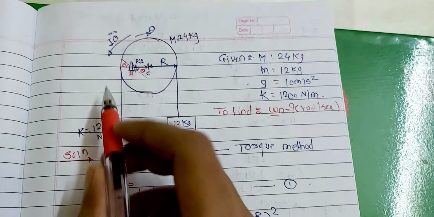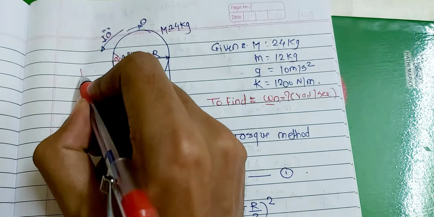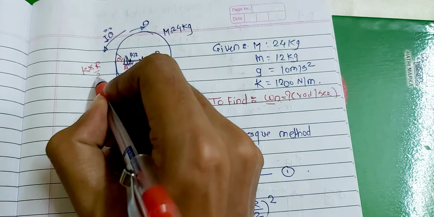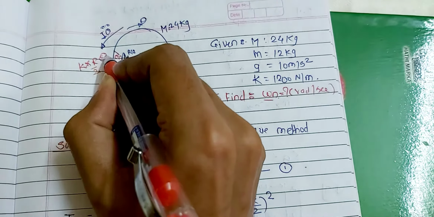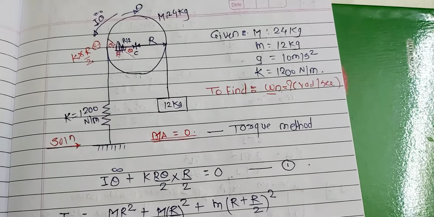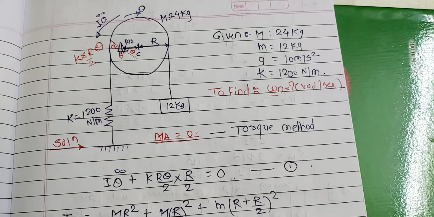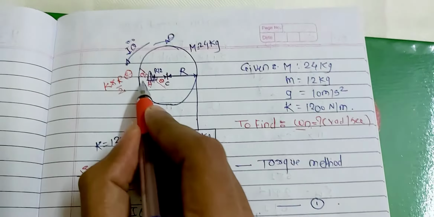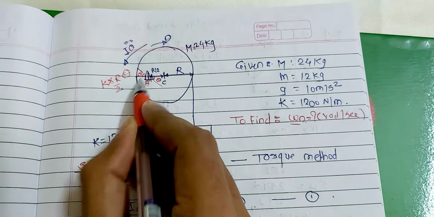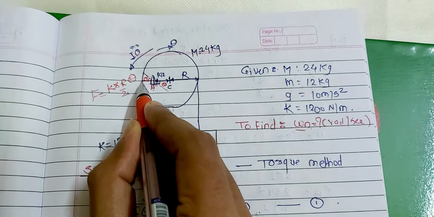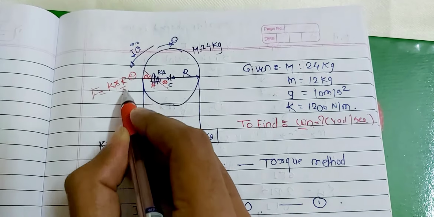So what is our force over here? K into R by 2 theta. This is my force. But we want torque, that is nothing but force into perpendicular distance. This distance is my perpendicular distance for this force.